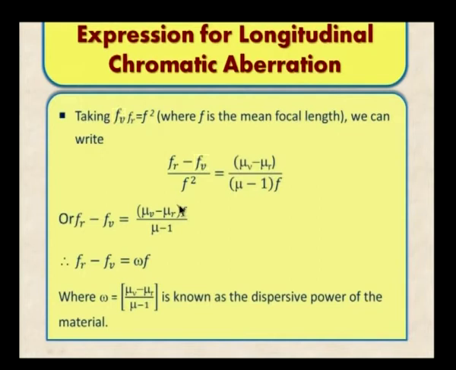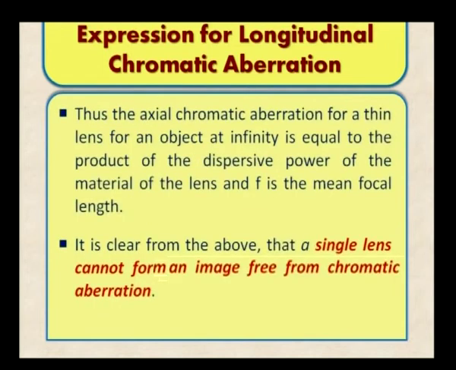And also it is clear from the above that a single lens cannot produce an image free from chromatic aberration. Now, what I told you prior to the break is that it is clear from the expression that you have got here, a single lens cannot form an image free from chromatic aberration.